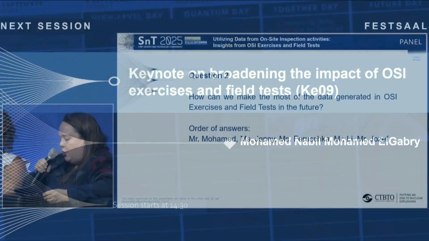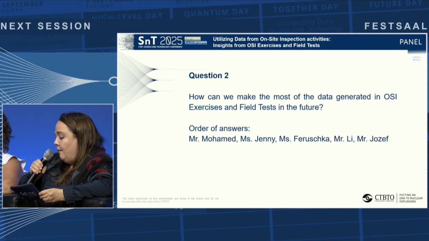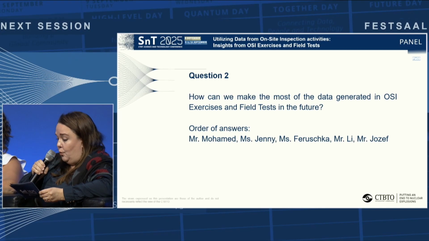Thank you very much. So really, to maximize the opportunities also to collect data and use the data that we have. So let's move to our second question. Now we are looking to the future. We already got many elements of the future in many of the responses, but more specifically, how can we make the most of the data generated in OSI exercises and field tests in the future?